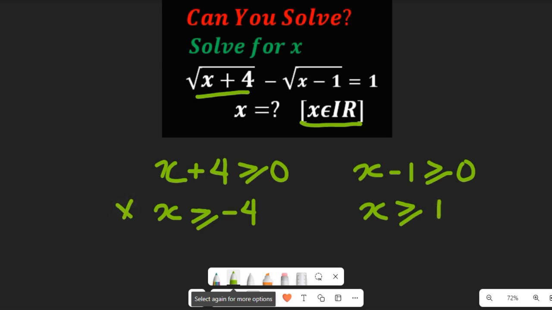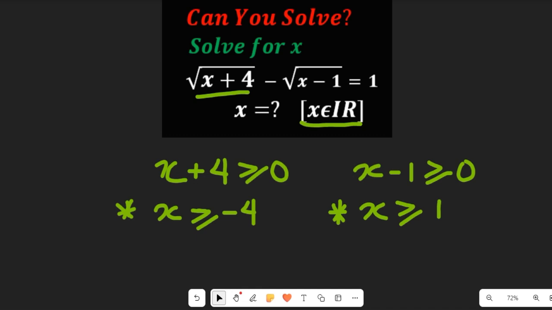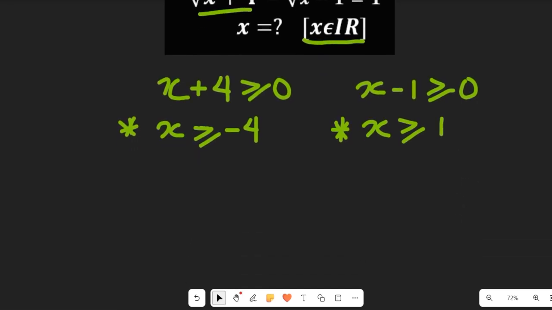Now, considering these two conditions, let's look at what the values of x can be. In order to find the real values of x, let's represent these two solutions on a number line.